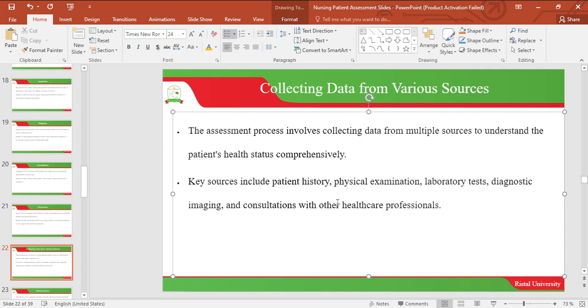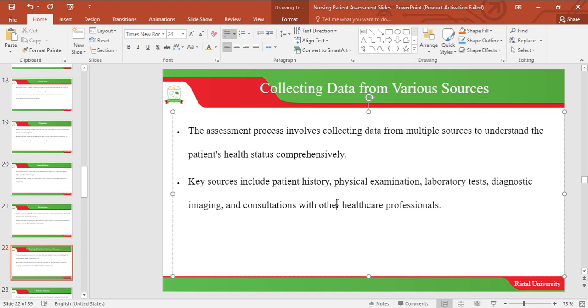Let's look at collecting data from various sources. The assessment process involves collecting data from multiple sources to understand the patient's health status comprehensively. Let's look at the key sources for collecting data. These include the patient's history.